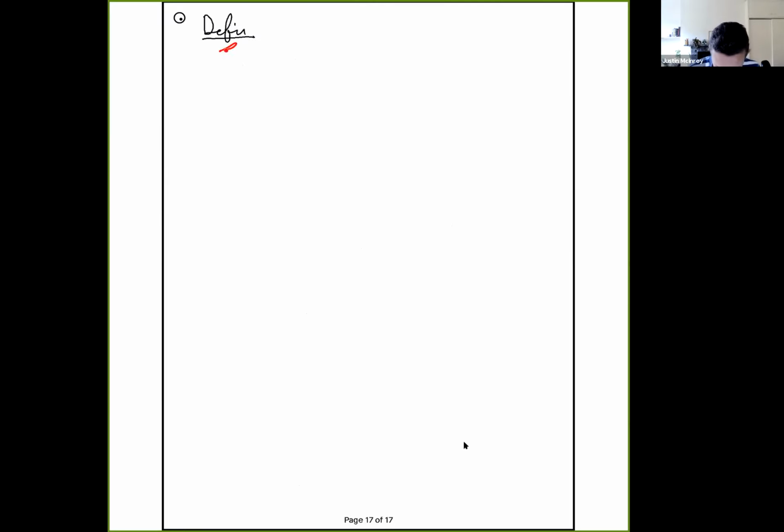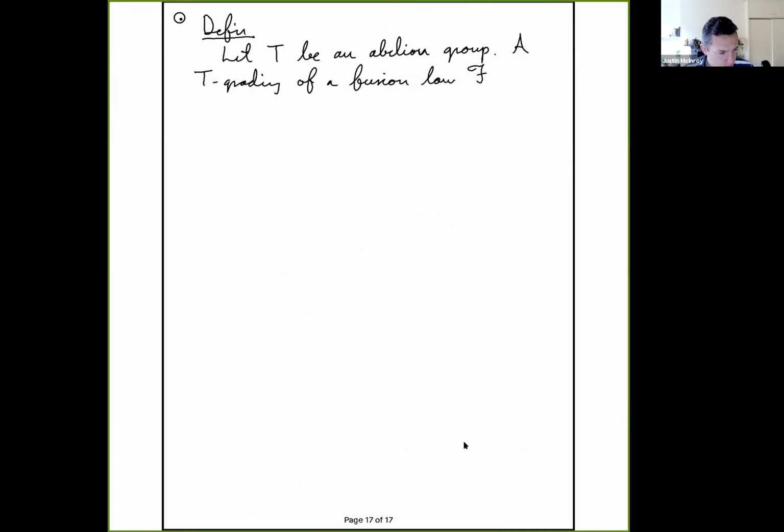So definition, let T be an abelian group, a T-grading of a fusion law F is a morphism f from F to T, where I mean here the group fusion law T. Maybe I'll be explicit at this moment. To the group fusion law T.